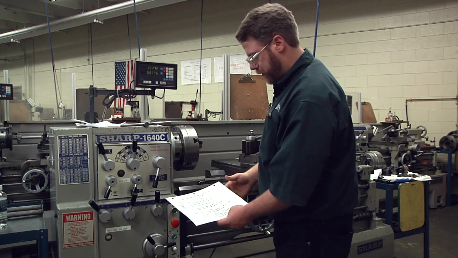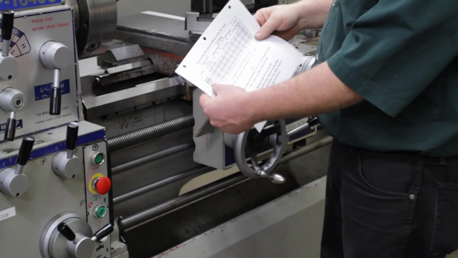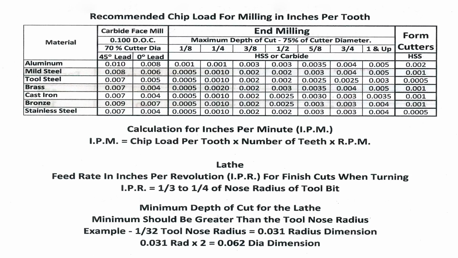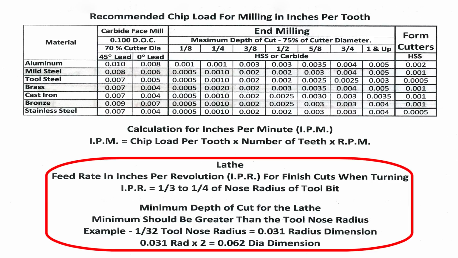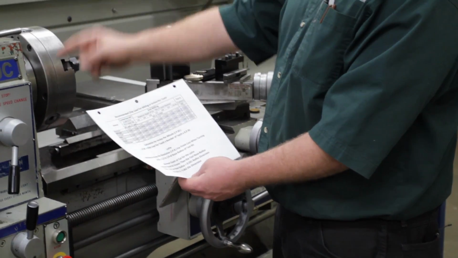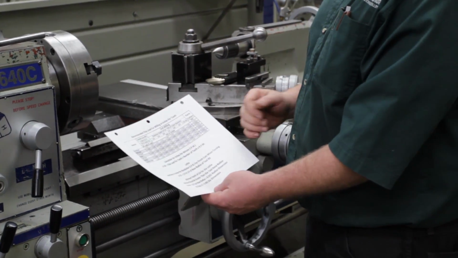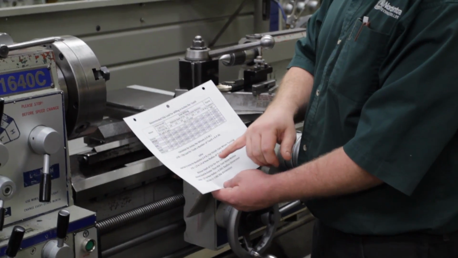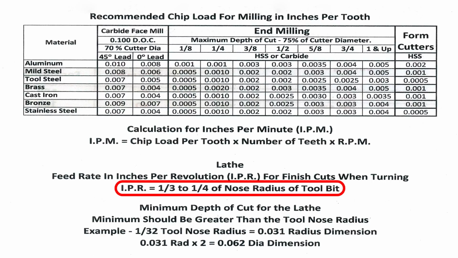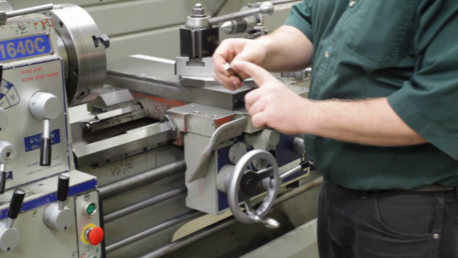So let's talk about the feed rate now. This is the same chart we use on the milling machine, but the bottom half of it talks about the lathe. On the lathe, remember, it feeds in inches per revolution. Every one revolution of the chuck, the carriage advances so far. Inches per revolution is equal to 1/3 of the nose radius on your tool bit. When we ground our tool bit, on the very end of the tool we put a very slight radius.